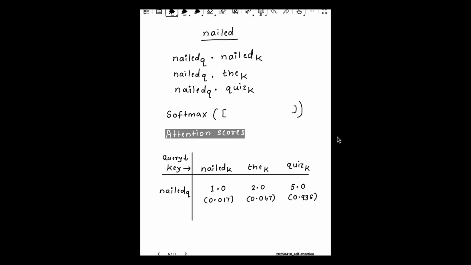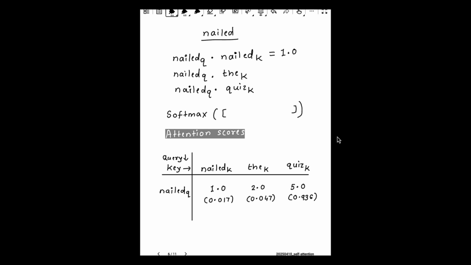So my first dot product here is nailed Q and nailed K. Suppose that dot product is 1. I'm assigning a low score here because this key representation of the word nailed is not going to be that helpful to understand the meaning of nailed in the given context.